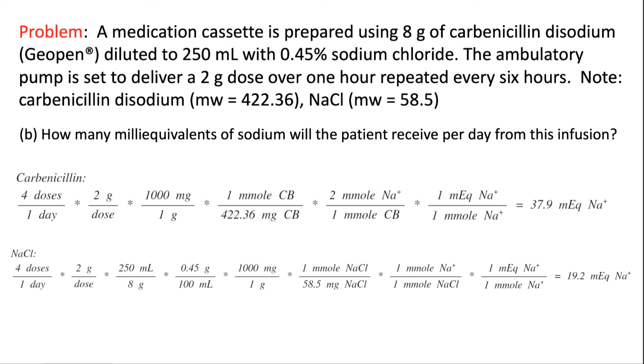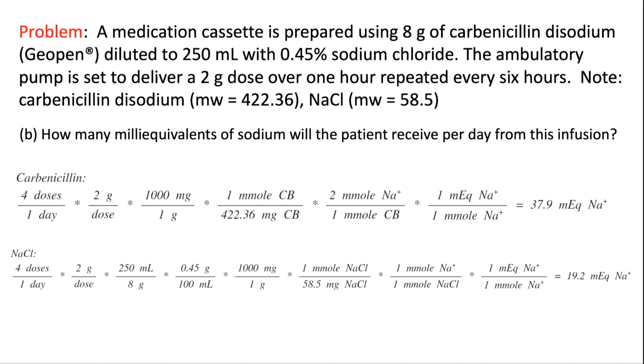This way, milliliters of solution cancel, and now I'm finally in grams of sodium chloride. All I have to do is convert that to milligrams by multiplying by 1,000 milligrams per gram. Then I can convert that to the number of molecules of sodium chloride by multiplying by 1 millimole over its molecular weight of 58.5 milligrams of sodium chloride. Milligrams cancel. I'm now in millimoles of sodium chloride.